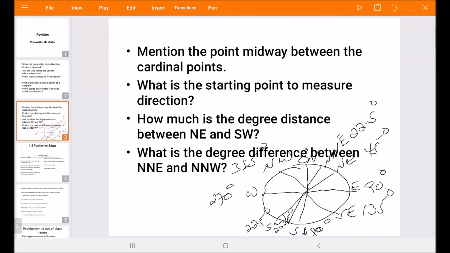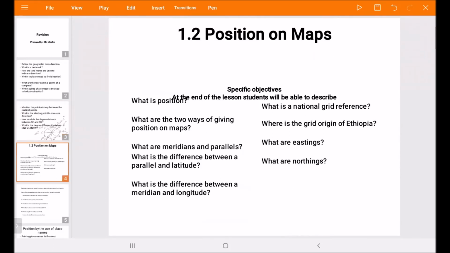Today we are going to discuss position on maps, position or location. We can show the position of a place on the map or in the field in different ways.